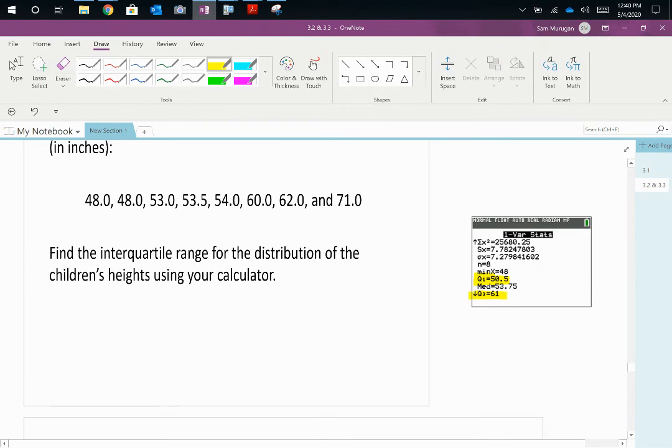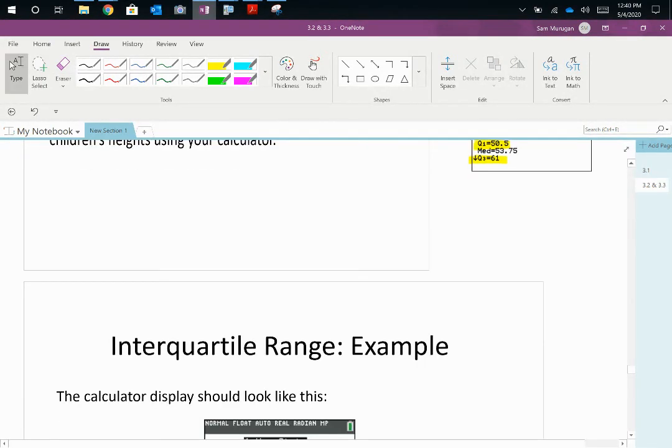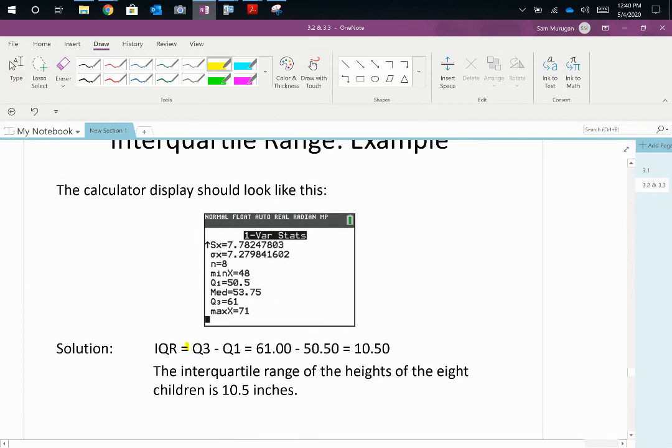So the interquartile range is Q3 minus Q1, which is 61 minus 50, or 10.5. This means that the interquartile range of the heights of the 8 children is 10.5 inches.